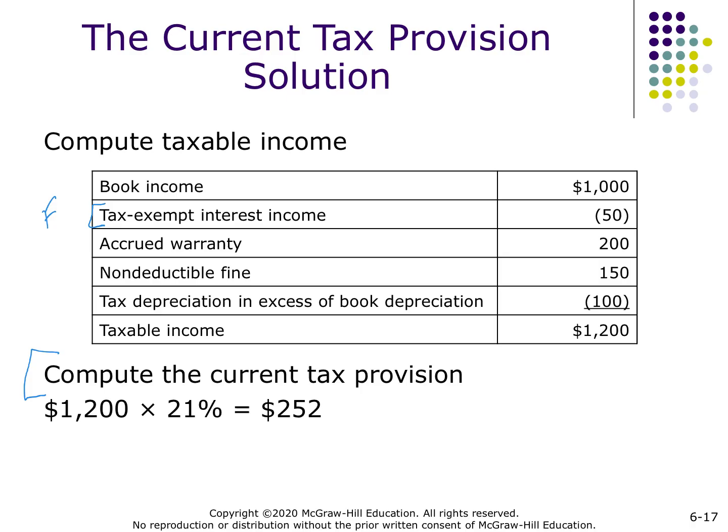Accrued warranty has to get added back in. It was deductible for books, not for tax. A non-deductible fine was deductible for books, not for tax. So those are both unfavorable. Tax depreciation in excess of book depreciation, okay, that is favorable. And so we end up with taxable income of $1,200. Multiply that by our statutory corporate rate, and you get the current tax provision.